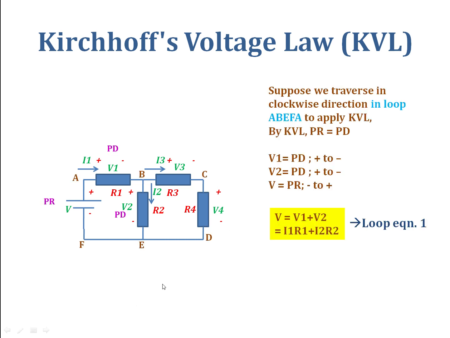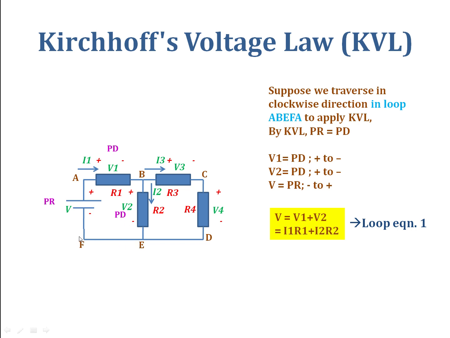Now when we apply Kirchhoff's voltage law, we can see that if we traverse in the clockwise direction, let us suppose we traverse from point A. From point A to point B there is a potential drop because we traverse from negative marked terminal to positive marked terminal, and therefore this is a potential drop. So V1 is a potential drop. Then from B to E there is a potential drop. So V2 is a potential drop.